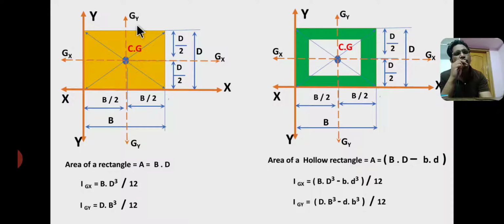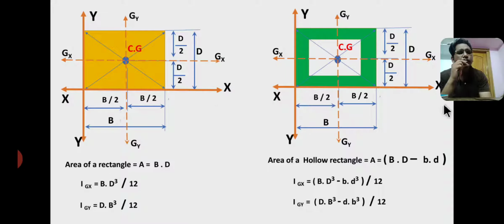As well as the moment of inertia about the centroidal y-axis, that is IGY, equals D B cube by 12, where I refers to inertia, and the unit of inertia is mm power 4 or meter power 4. That means length to the power 4 is the unit for inertia.